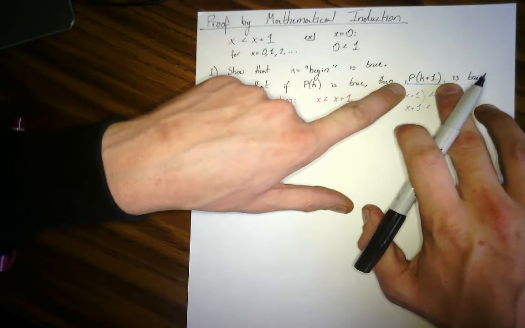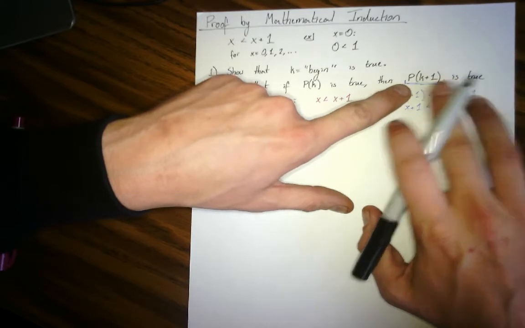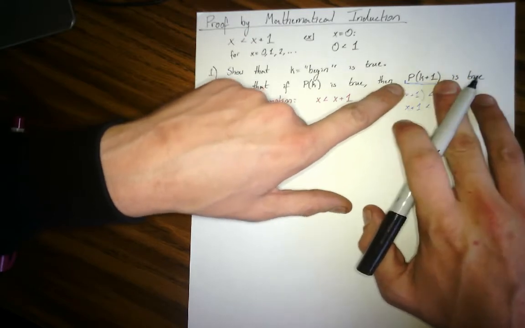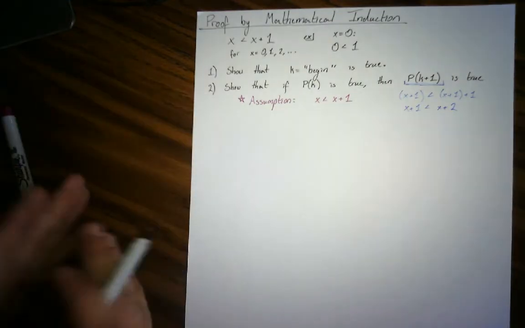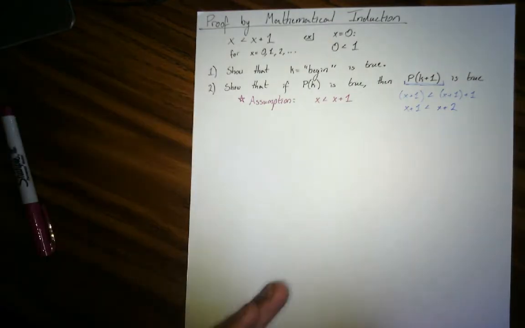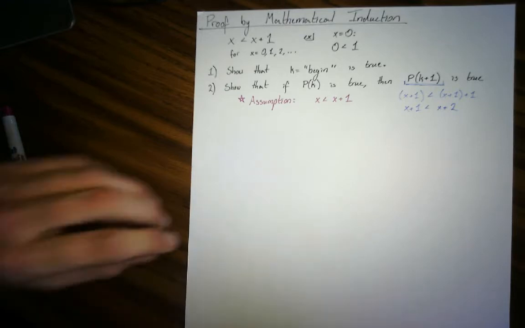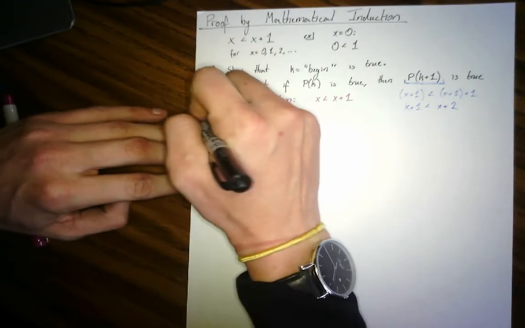So we could have x equal to 5, and if we prove 6 is right, if we have 7, we can prove 8 is right. By making this general, we've proven that if one value is right, the value above it is also true, and therefore every single value is true.